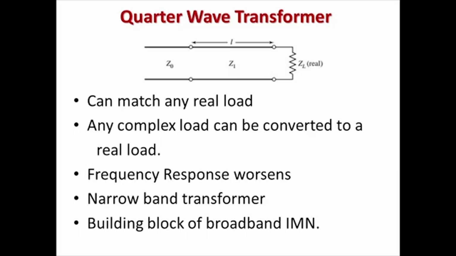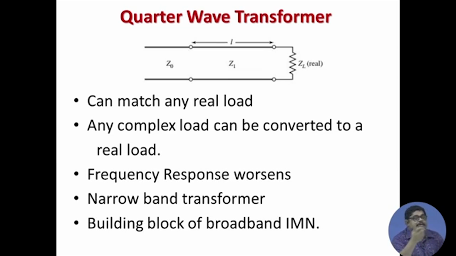Then we will see there is another thing, it is not an impedance matching thing, but it is an impedance converter, it is called the quarter wave transformer. A quarter wave transformer means a section of transmission line which is placed between a load and any other transmission line of characteristic impedance Z0.